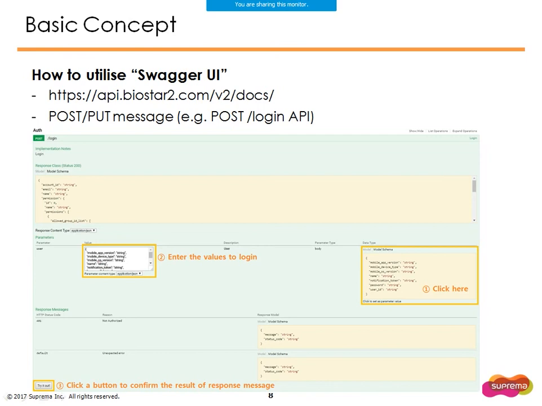Following this, you have to enter the values to log into Biostar 2 in the white box. Once you click the Try it out button, you can retrieve a response message about the result of the API call.